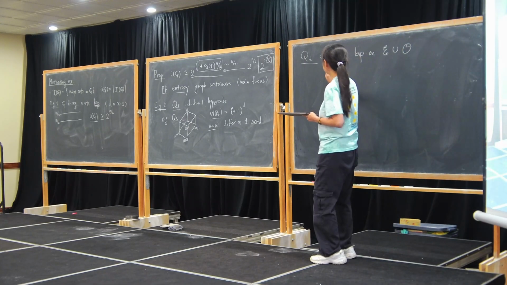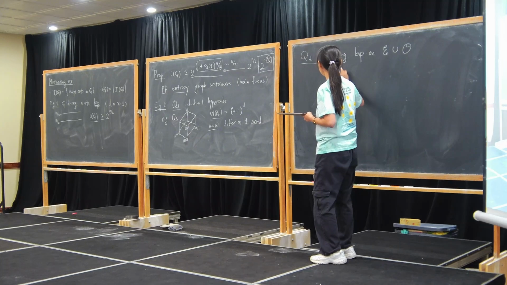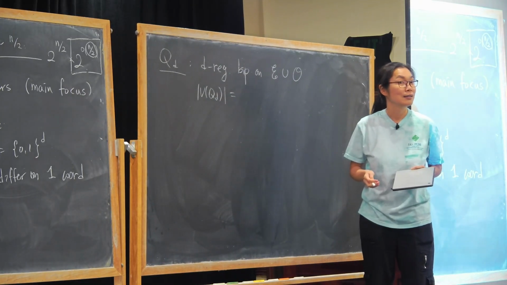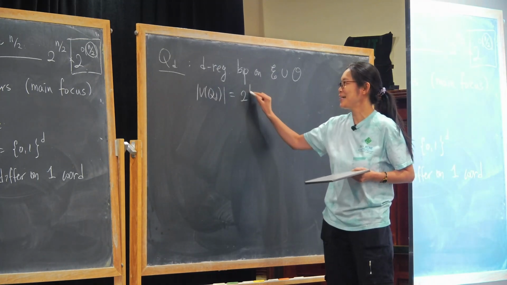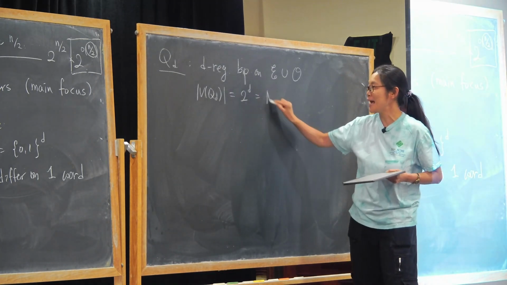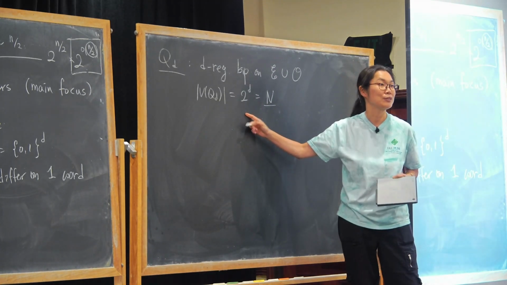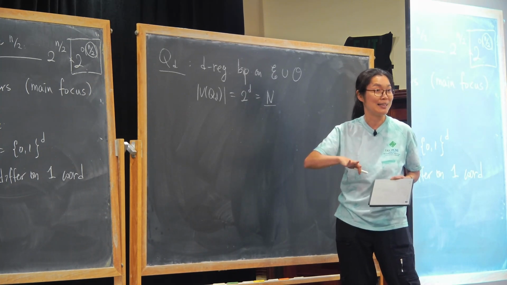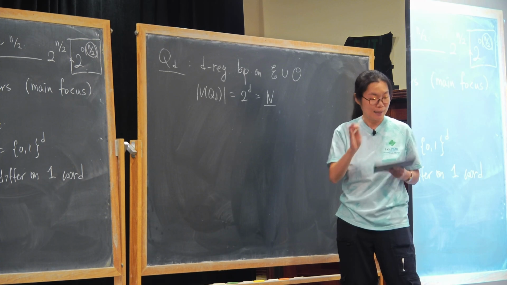And then what's the number of vertices of Q_d? Okay, great. So this is 2 to the d, and we'll use big N to denote this number. So from now on, big N always means the number of vertices in Q_d. Are we okay? Okay.